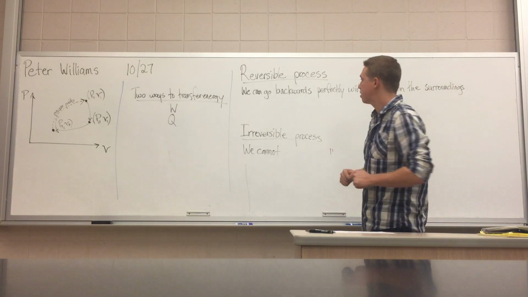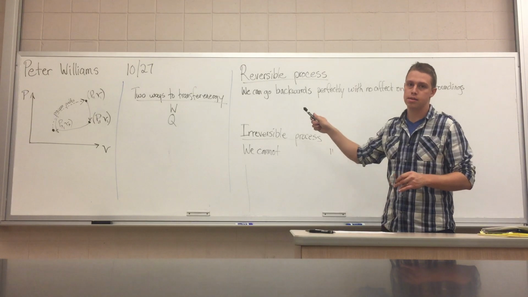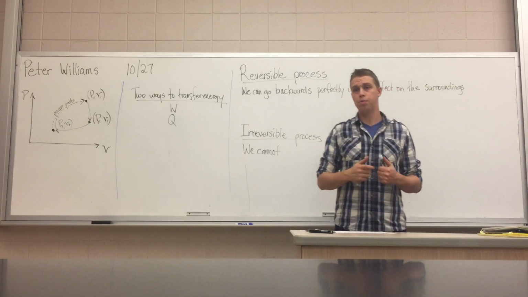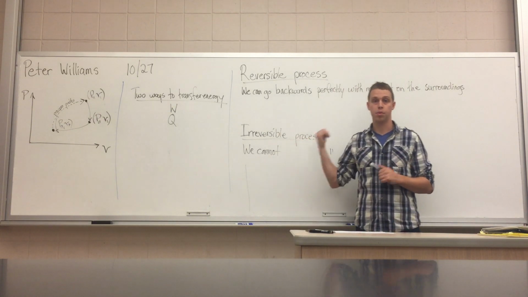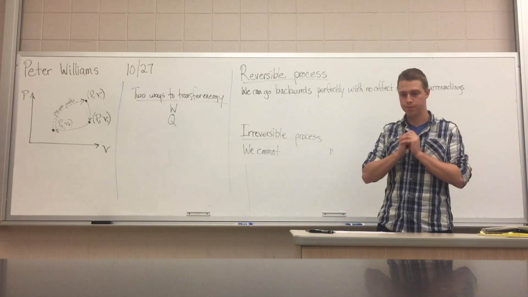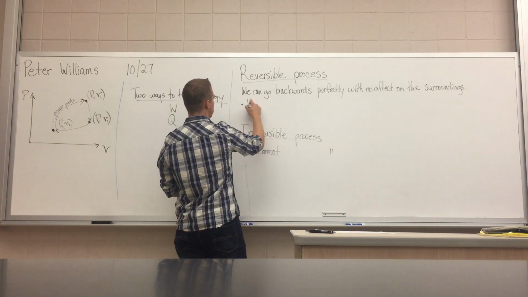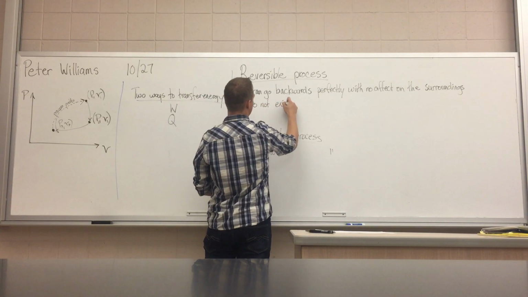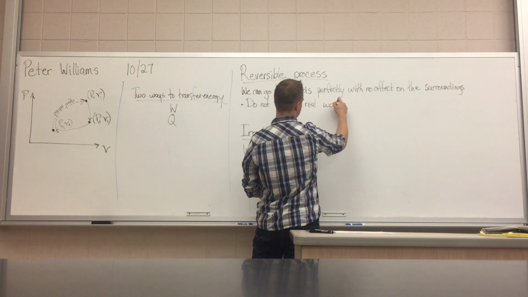Now, a few things about these. A reversible process is a supertask. I hope that we've talked about that enough times in labs, and I brought it up in one past lecture, that you have an intuition for what I mean. So, first of all, these reversible processes do not exist in the real world.